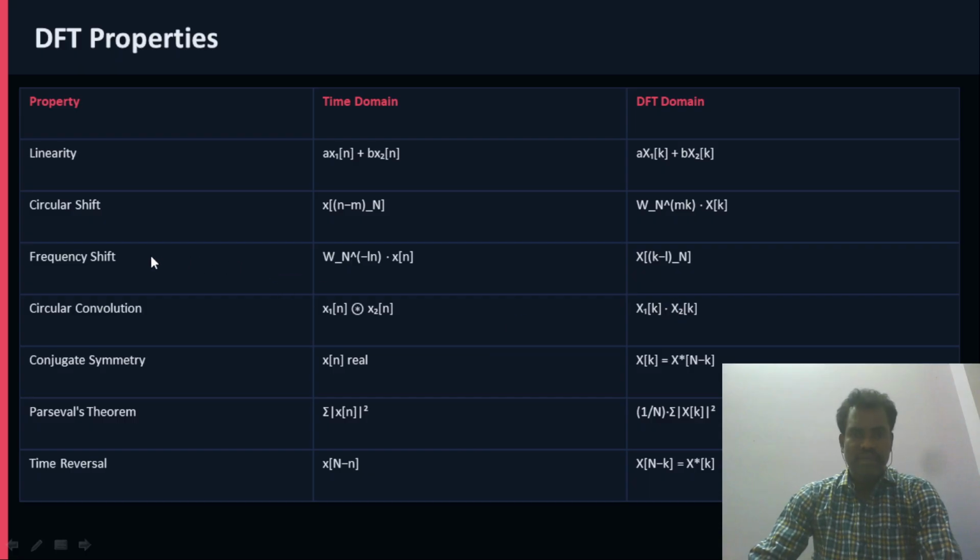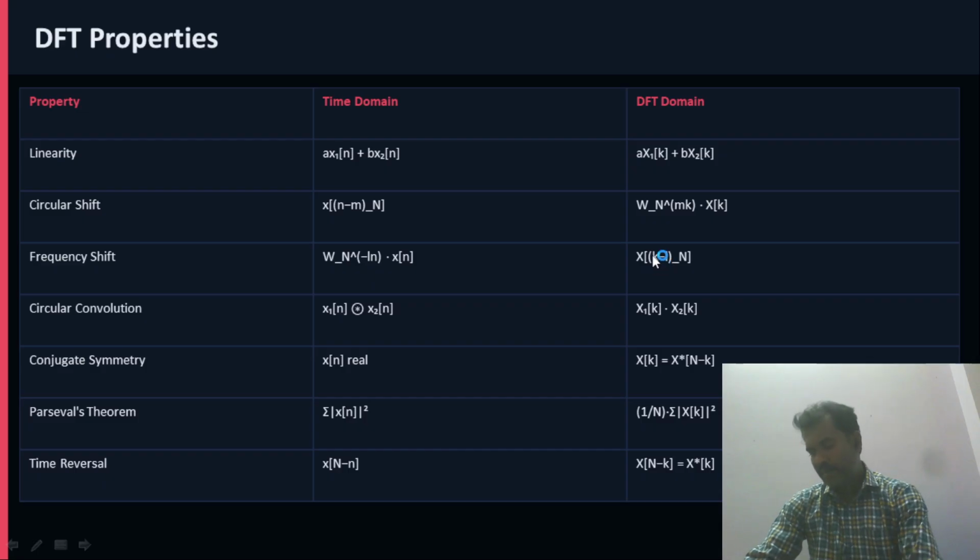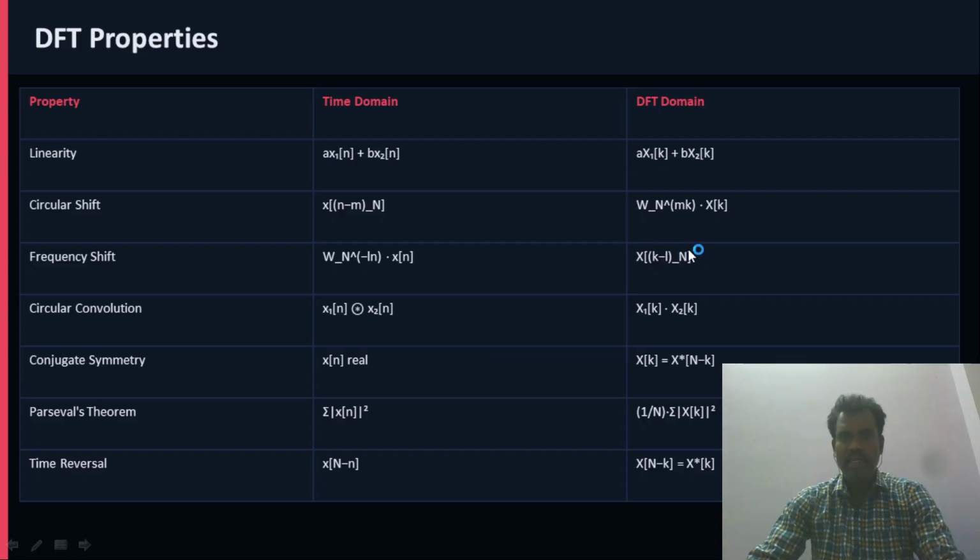Similarly, frequency shift. X of k is the frequency domain spectrum. This frequency domain spectrum is shifted by L circularly, because the subscript N indicates a circular shift. If we shift the signal circularly in the frequency domain, then the time domain will be multiplied by the kernel. What is the kernel from frequency to time domain? The kernel is the opposite kernel, W_N power minus kn.